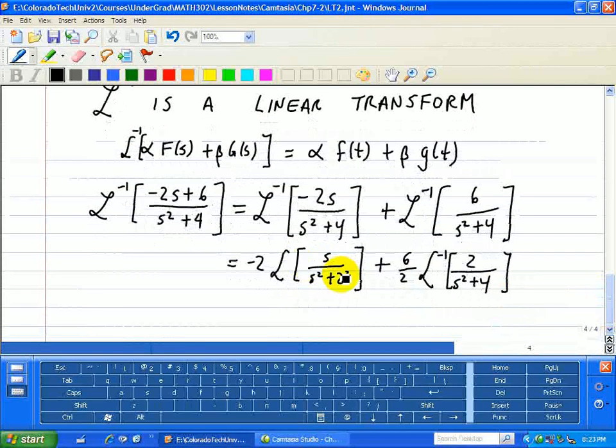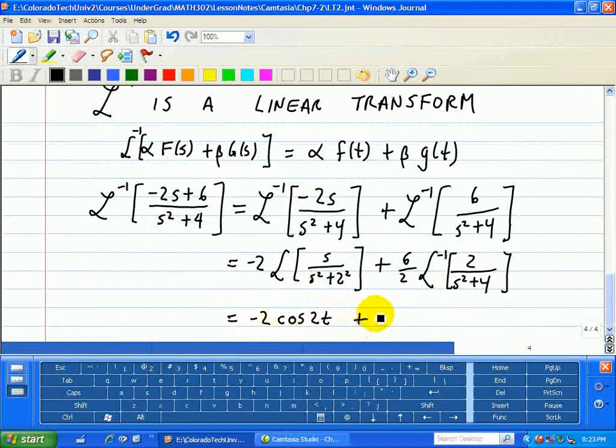Okay, so we recognize that if you look at the tables, this is just minus 2 cosine of 2t plus 3 sine of 2t.